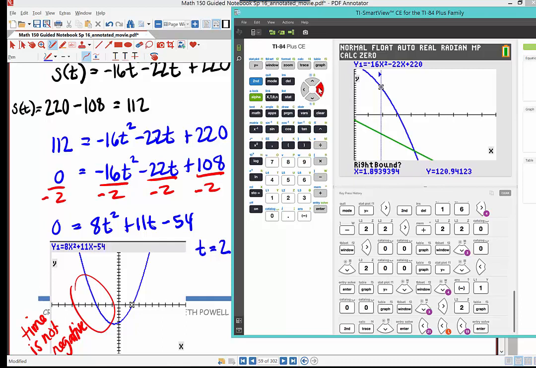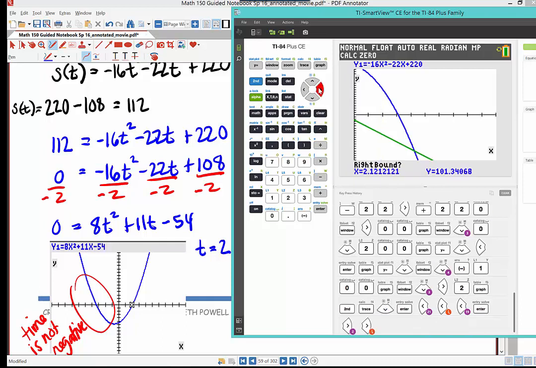And then right bound. A little more. Okay. All right. So basically the ball or whatever it was hits the ground at 3.08 seconds approximately.